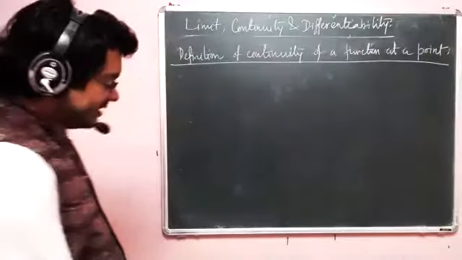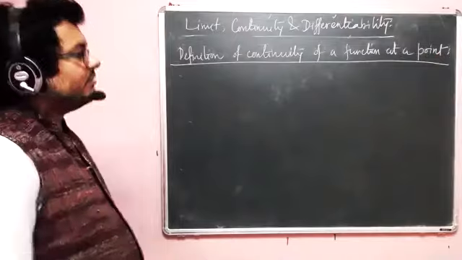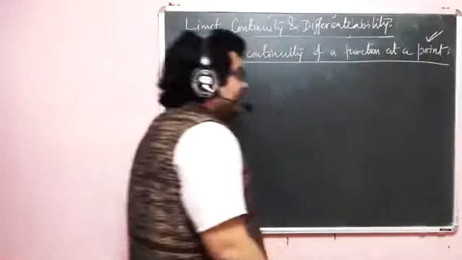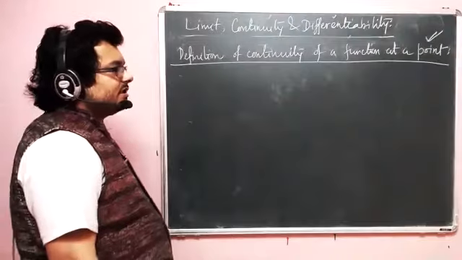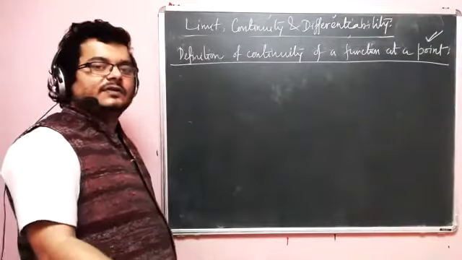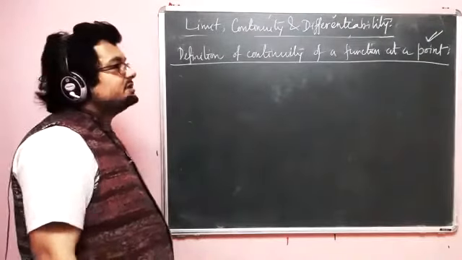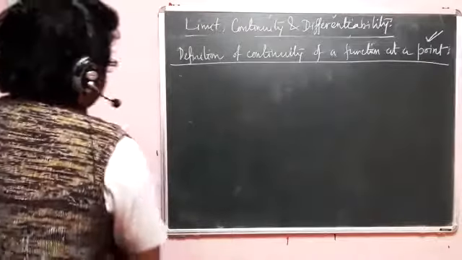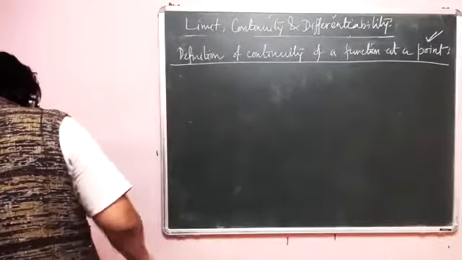And why is that? Because now I am interested in the point. In limit, I was not interested in the point. The point was given to me as a reference. It is the neighborhood around that point in which I was interested. All right.